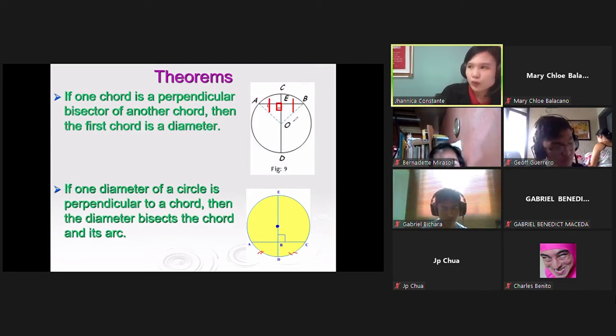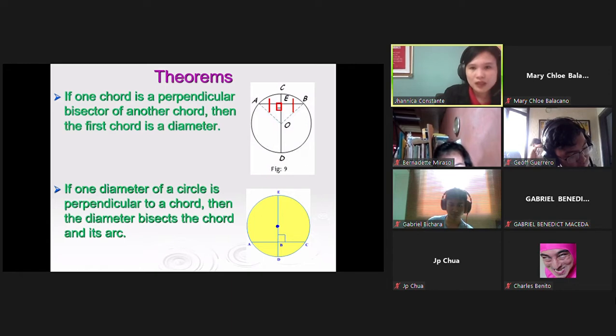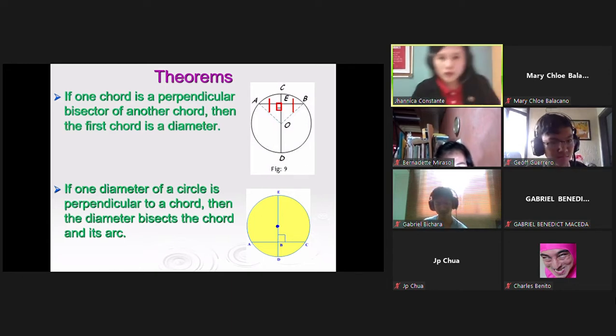It will always create a 90 degrees angle once two lines are perpendicular. So we're going to use this theorem to find the measurement of the chord and the angle that we have in our circle. The chord and the arc.